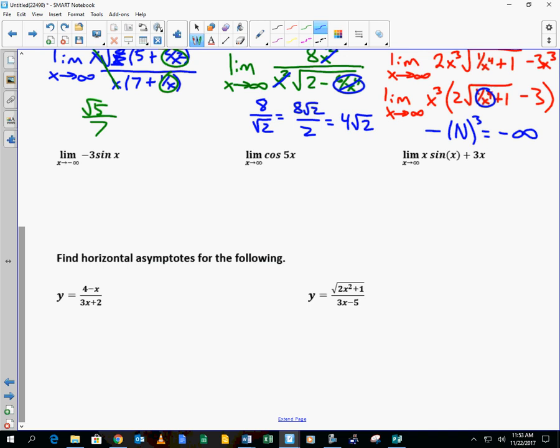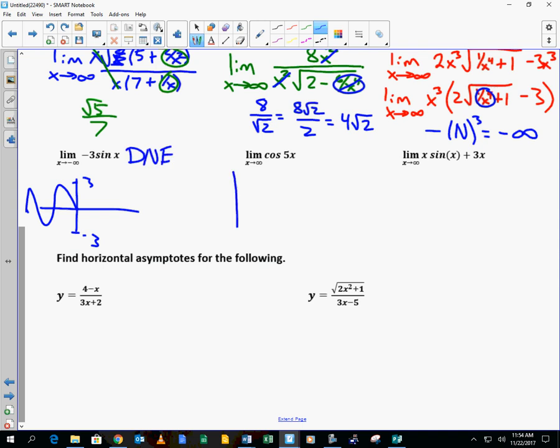What about this graph? Negative 3 sine of x goes to negative infinity. What's the biggest value? 3? Smallest value? Negative 3? Graph goes like that, right? Does it ever zero in on just one value? No. Okay?